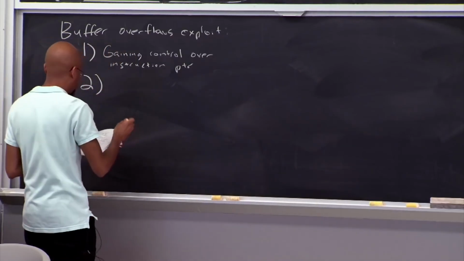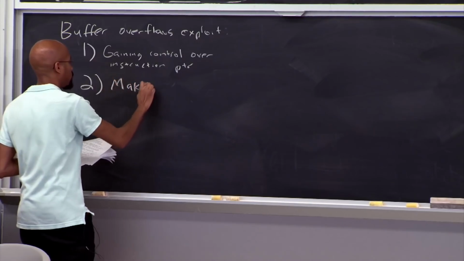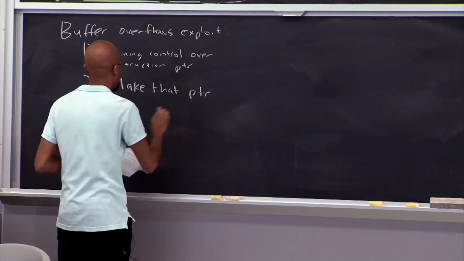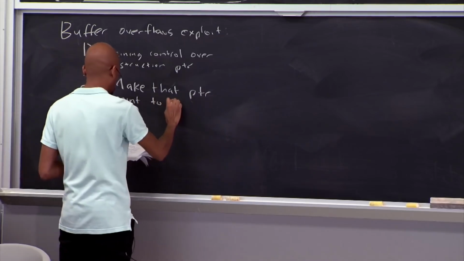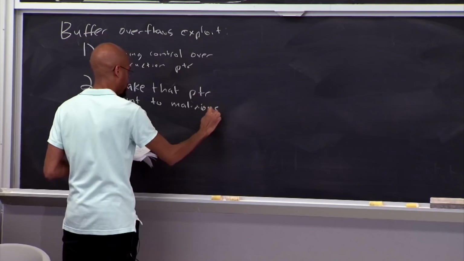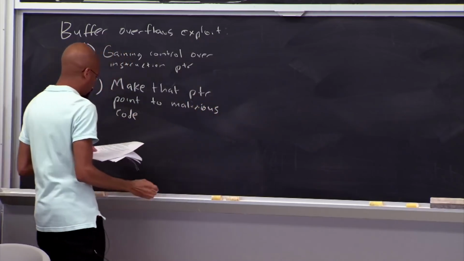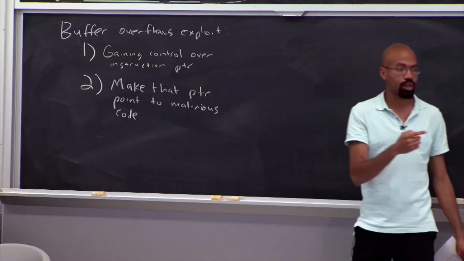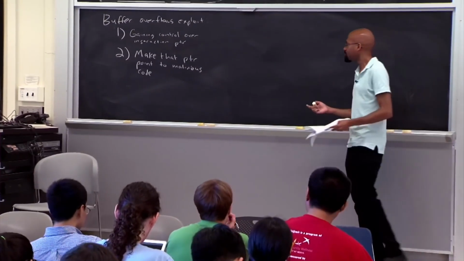Because the other thing that the attacker needs to do is make that pointer point to malicious code. So how are we going to make that hijacked IP, instruction pointer, point to something that does something useful for the attacker?